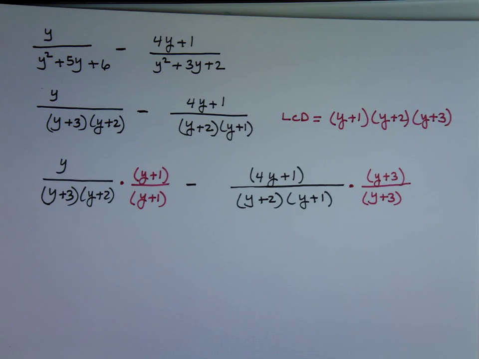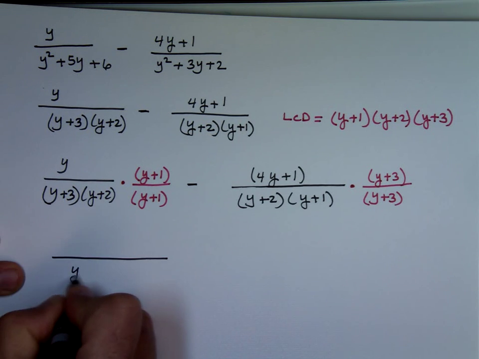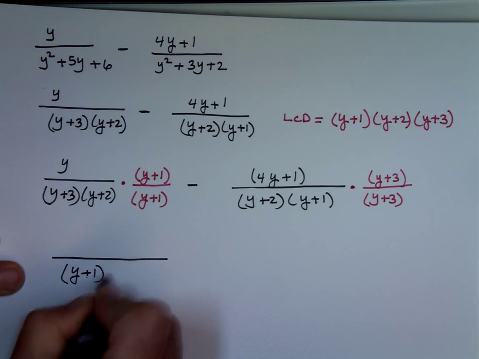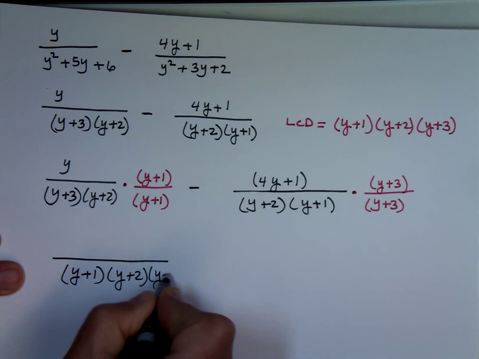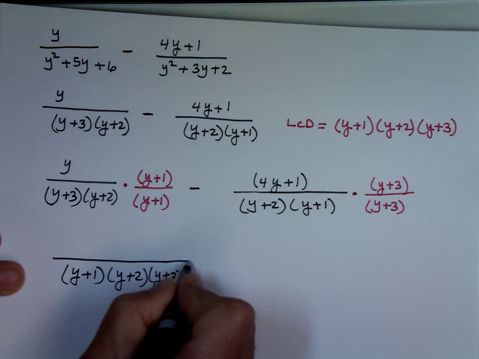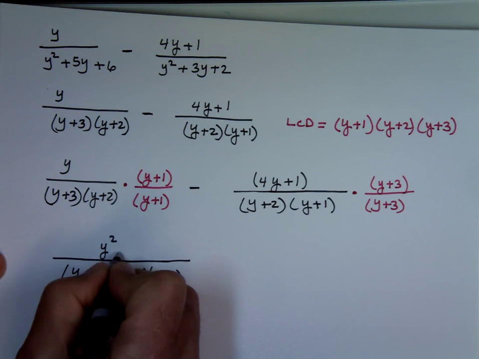So if you clean this, I am going to have what is y times y? Y squared plus what's y times 1, which is y. This is the minus.